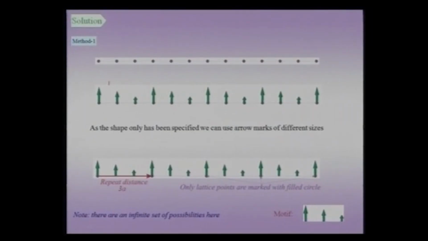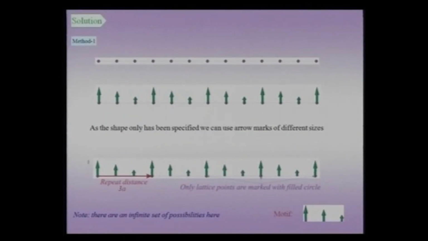Clearly the repeat distance of such a crystal is 3A. The original array of points had a repeat distance of A, but once I have made a crystal by putting these arrows, and I use the trick of changing the size of the arrows, only 3 sizes I required because I wanted to distinguish 3 types so that I can extend my lattice parameter to 3A as it has been done here.